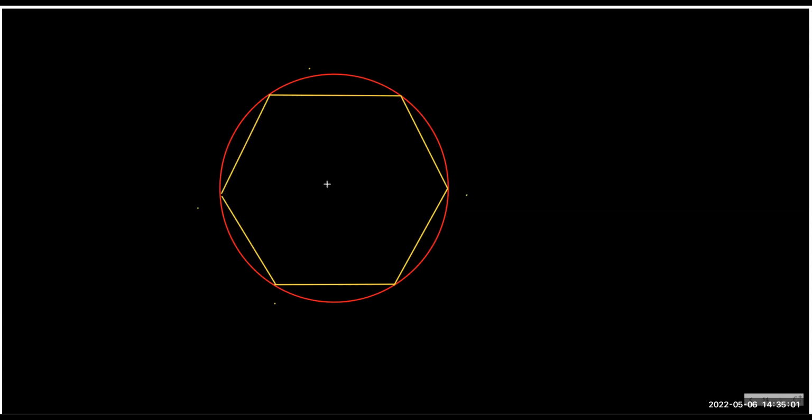And the conductors are like this. Actually, this is the conductor, not like this. Yeah, somewhat like this.